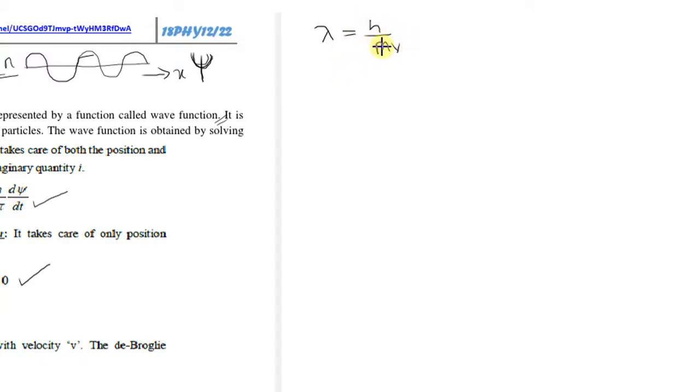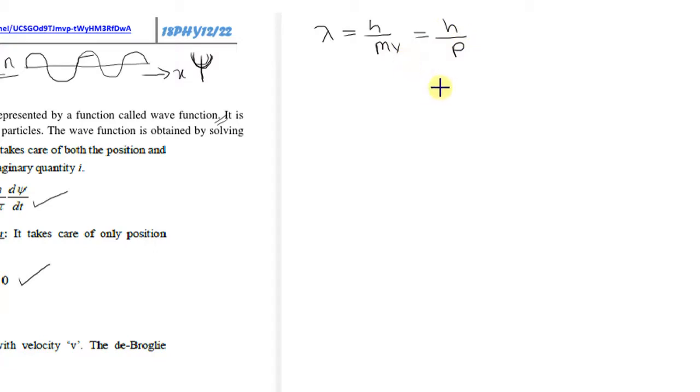H is the Planck's constant, m is the mass of the particle, v is the velocity of the particle, and lambda is the de Broglie wavelength. This equation can be written as h by p, where p is the momentum, p equals m into v, as we know.